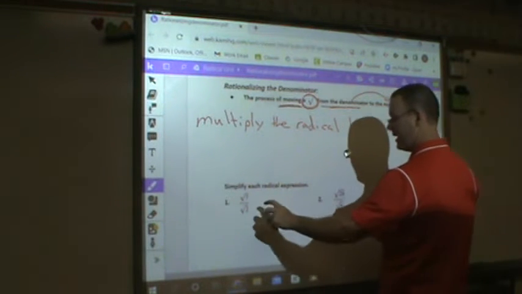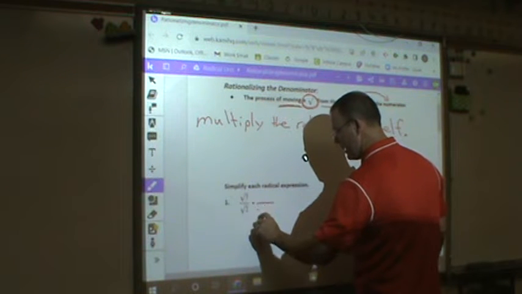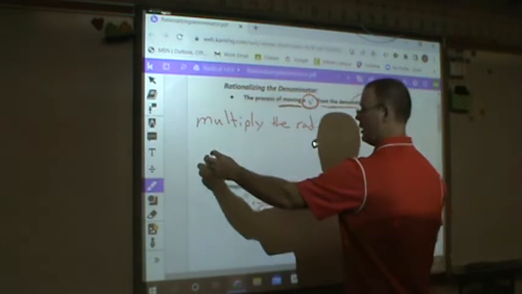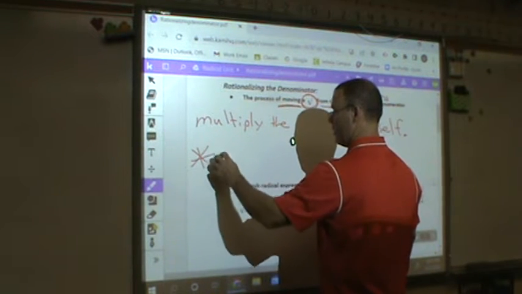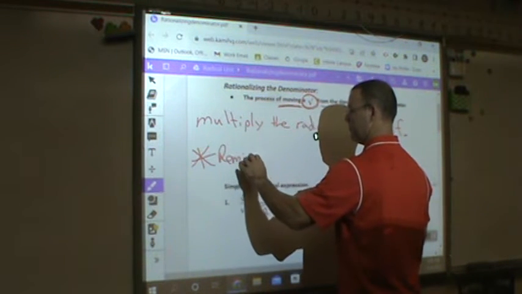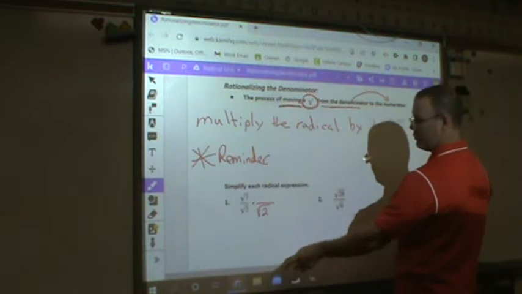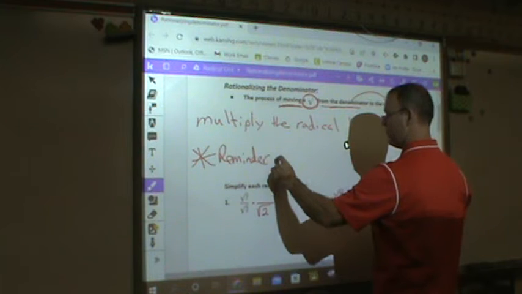Now, what we mean by that is we multiply the denominator by itself. And we're going to go with a little disclaimer here. Reminder, whatever we do to the denominator, we have to do to the numerator.